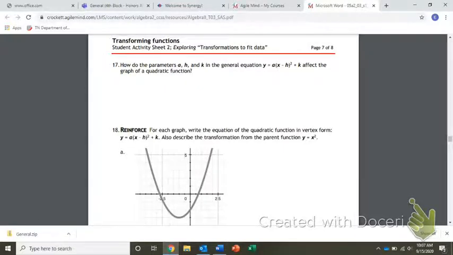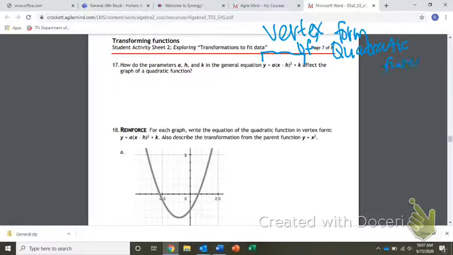So, above this right here, I want you to write vertex form of quadratic function. Okay?